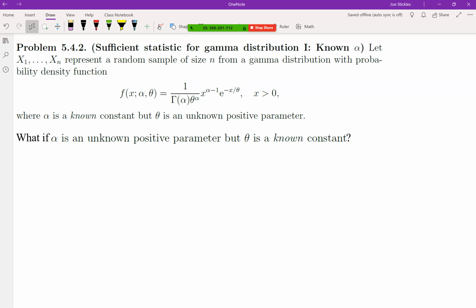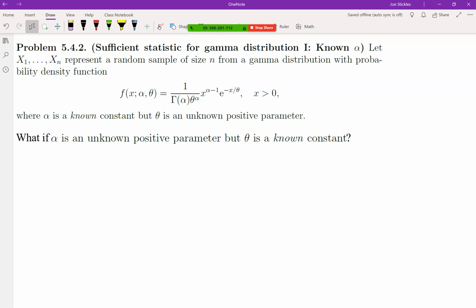So the other ways that we talk about trying to figure out if a statistic is sufficient or not come from being able to write your PDF in a certain form. One of those was the factorization theorem, and the other is the exponential form idea.